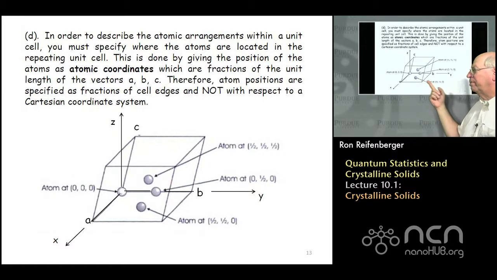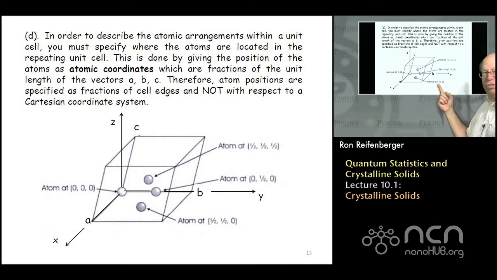For instance, an atom positioned in the center of the face at the bottom of this unit cell would be designated as 1/2, 1/2, 0, because it's located 1/2 of A, 1/2 of B, and 0 in the C direction.